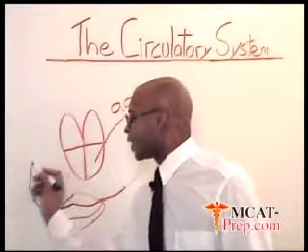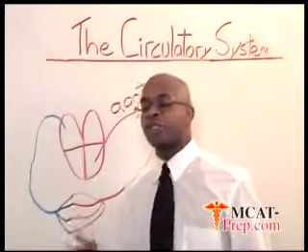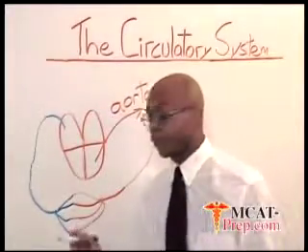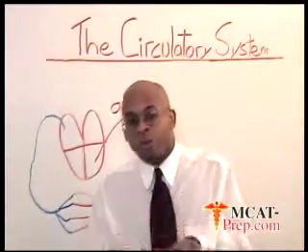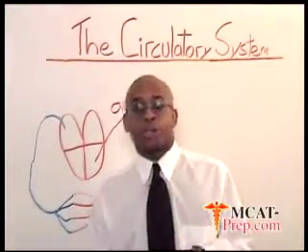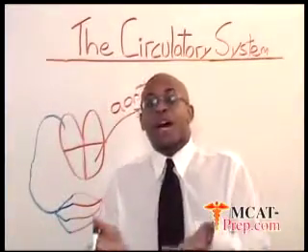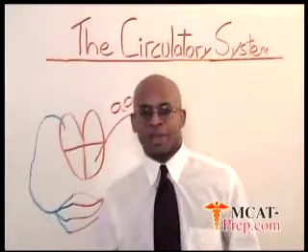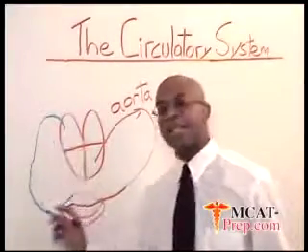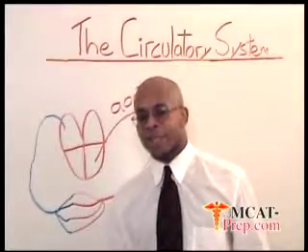These venae cava will bring deoxygenated blood into the right atrium. There's two venae cava. There's one for the inferior or lower part of the body, which is called the inferior vena cava, and there's one for the upper part of the body, which is called the superior vena cava. These both bring deoxygenated blood into the right atrium.